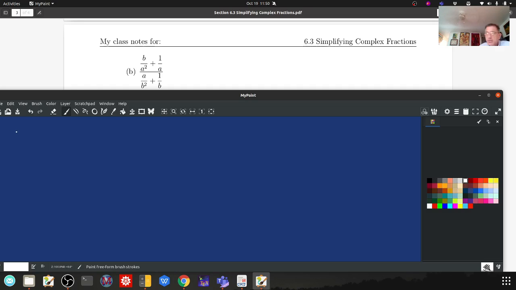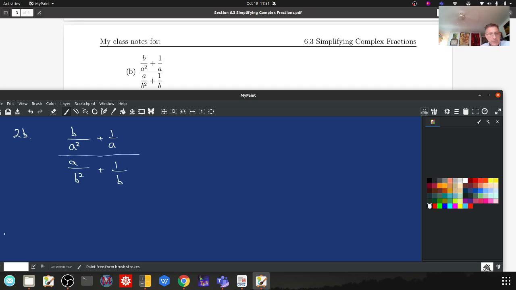So this is, what, 2b? Something like that. So b over a squared plus 1 over a. And again, we're going to be dividing that by a over b squared plus 1 over b.